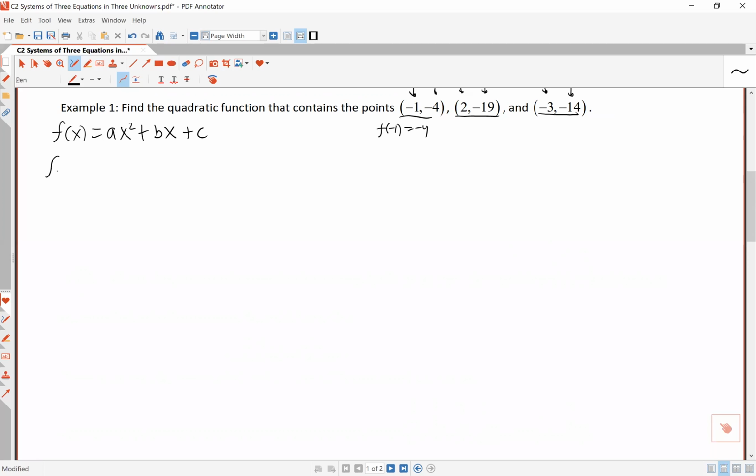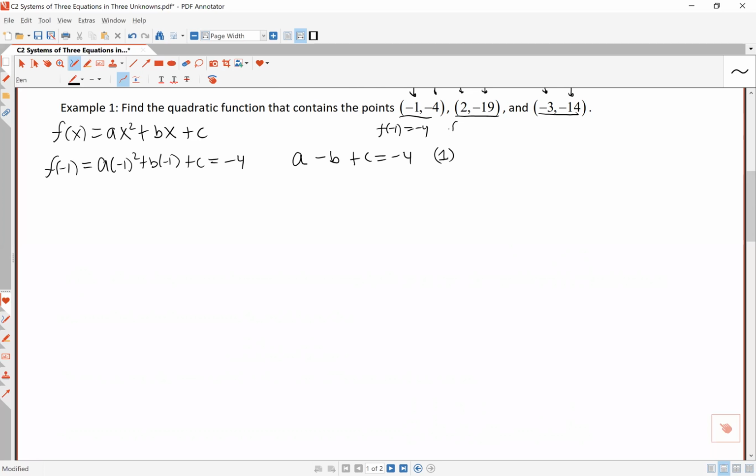So when we plug in -1 for x, we know that result is -4. Well, -1 squared is 1, so that just gives you a. -1 times b is minus b, and plus c equals -4. Let's call this equation 1 for reference later.